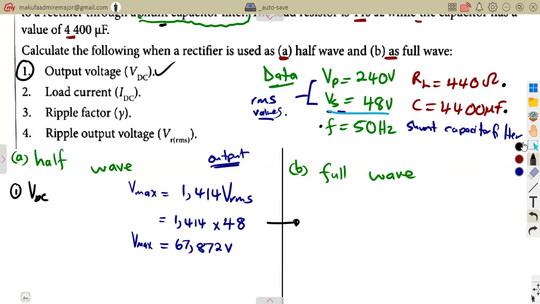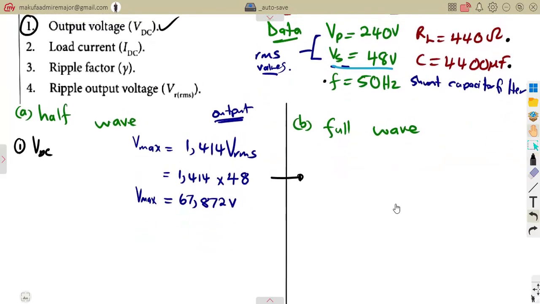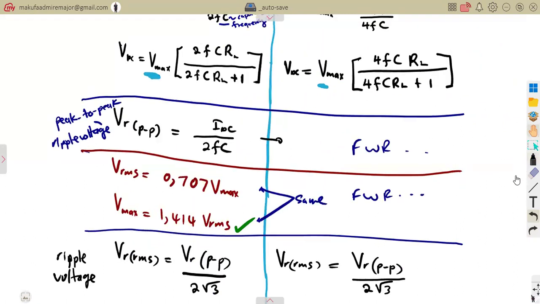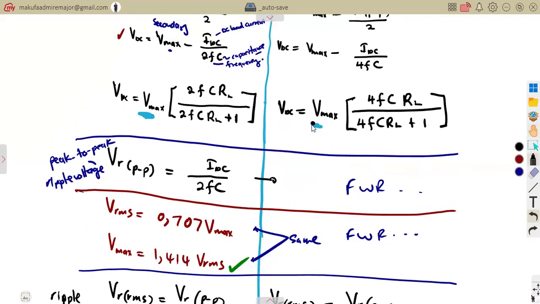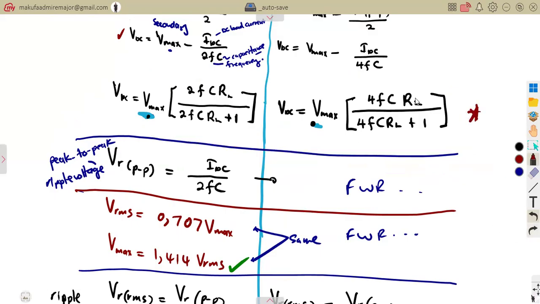So with the maximum value and with the RL, since I said these are the two formulas here, we are focusing on these two formulas that I indicated. That's why we are focusing on calculating the maximum value. For a half wave, this side, remember, the formula is going to have a 2.